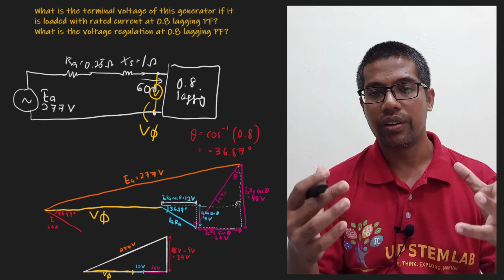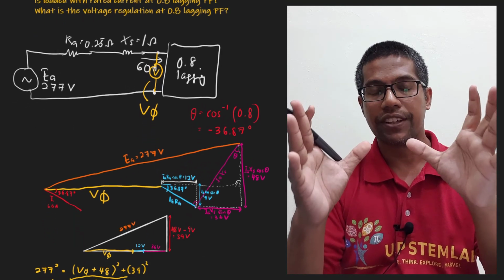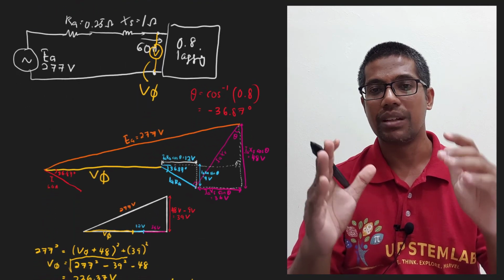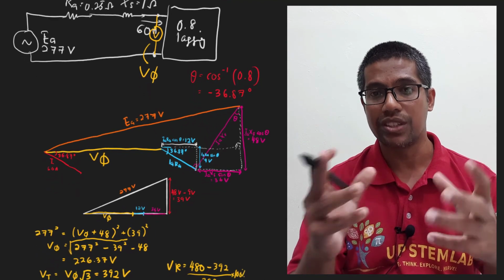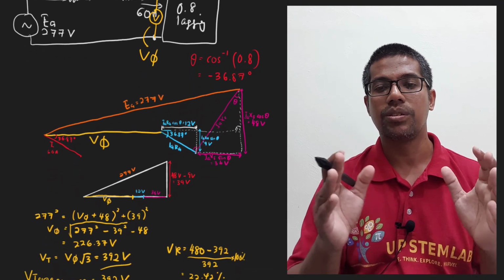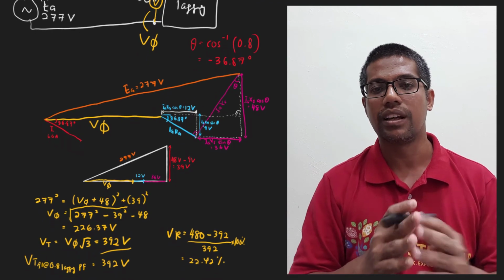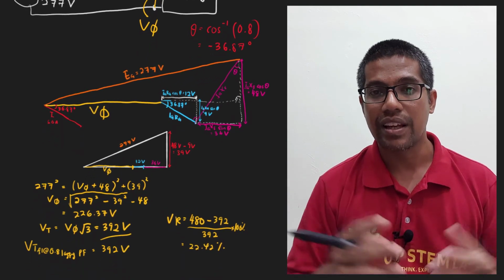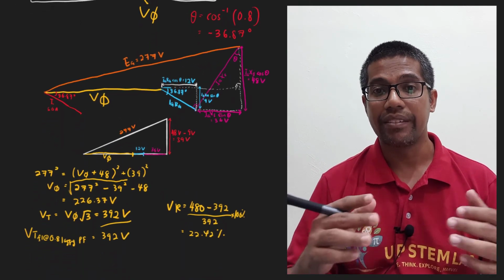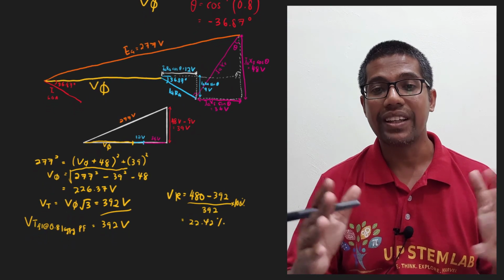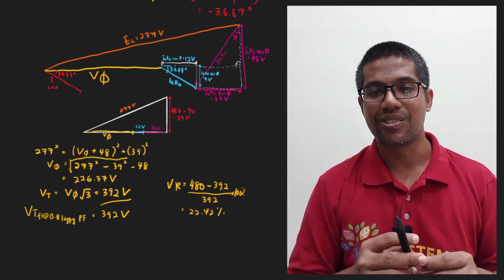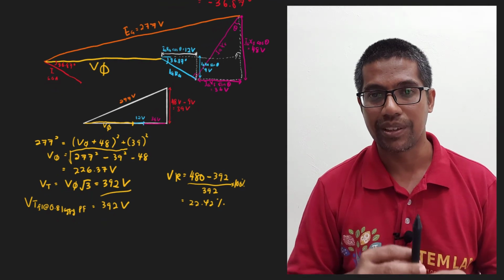When you draw the phasor diagram, you will see the plus and minus signs will change. So just solve it as you understand it, and if you get every question right, that means you already understand the concept and have the capability to calculate.